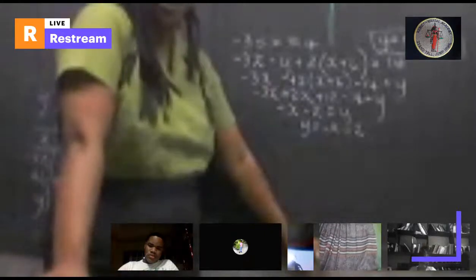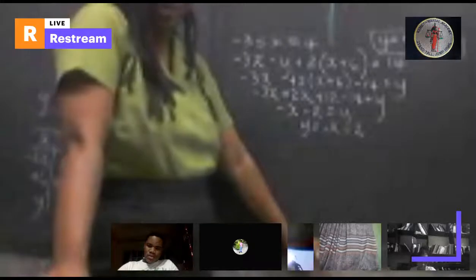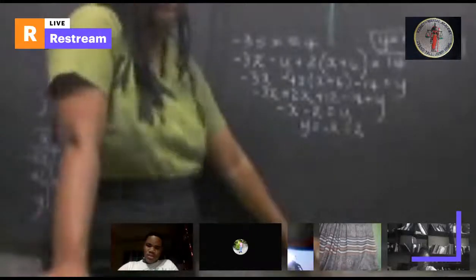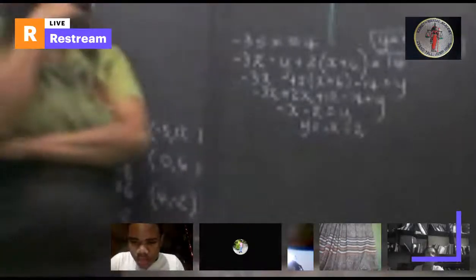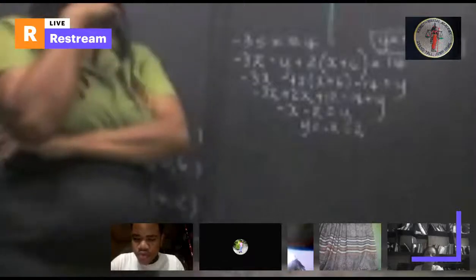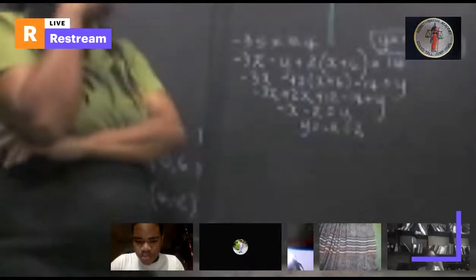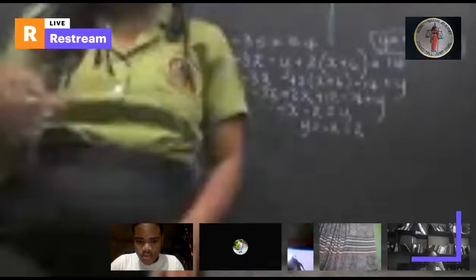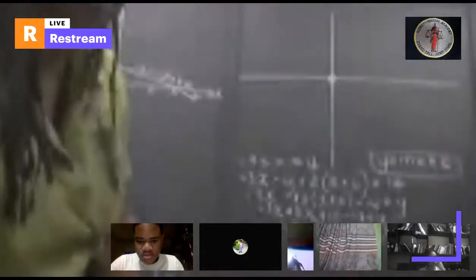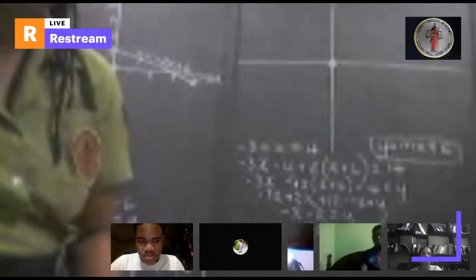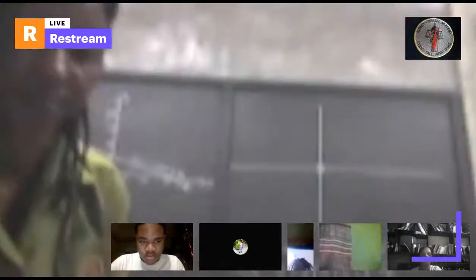Would the line be oriented to the left or the right? It has a negative gradient. Would it be oriented to the left or right? To the right. You sure?